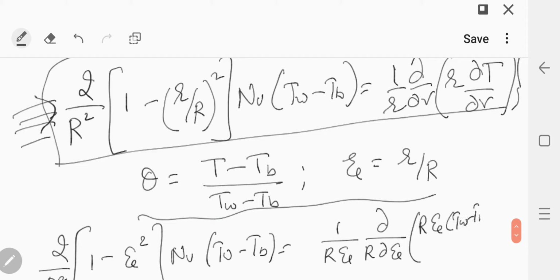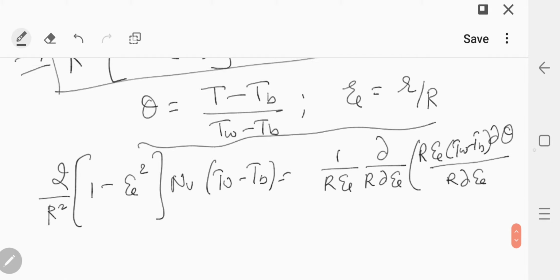So Tw minus Tb is out, we have del theta over here, and del r is nothing but R del zeta. Now if you see, Tw minus Tb gets cancelled.